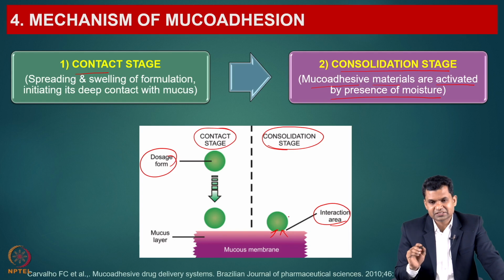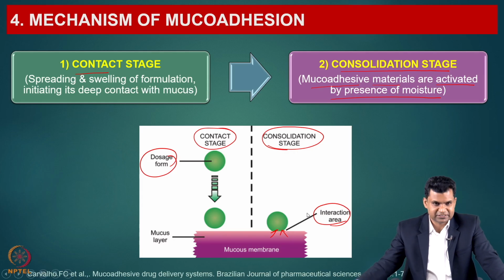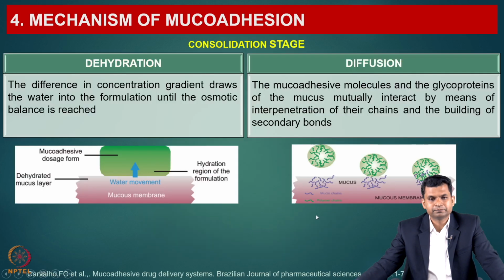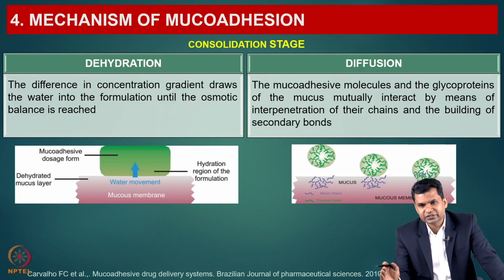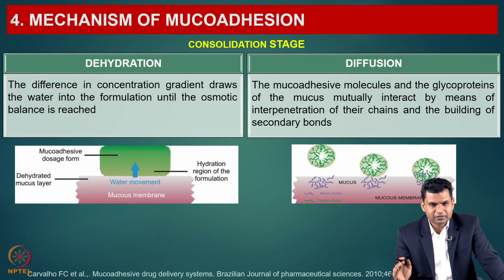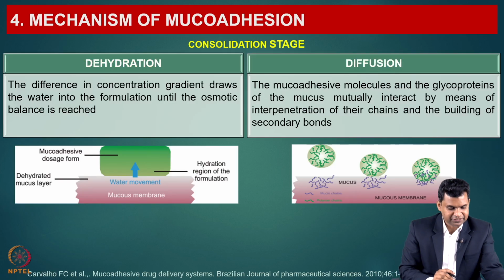That is called consolidation. This stage is further divided into 2 stages. The first one is dehydration, the second one is the diffusion stage. In the dehydration stage, what happens? You can see the pictorial representation.